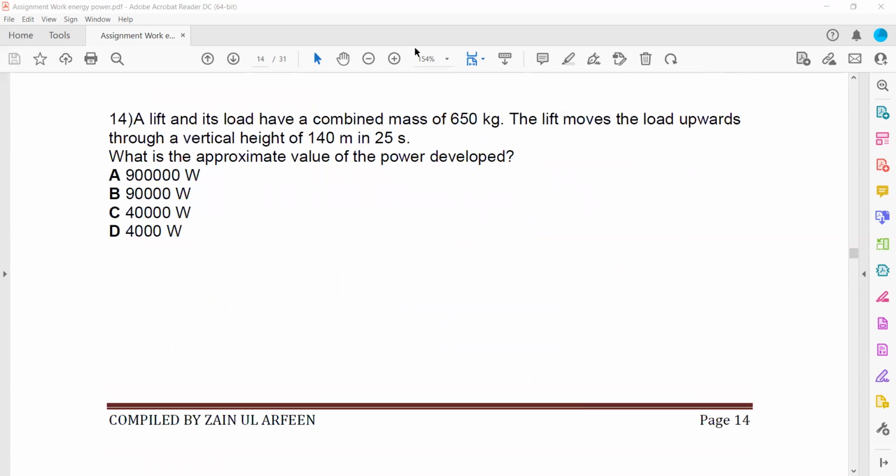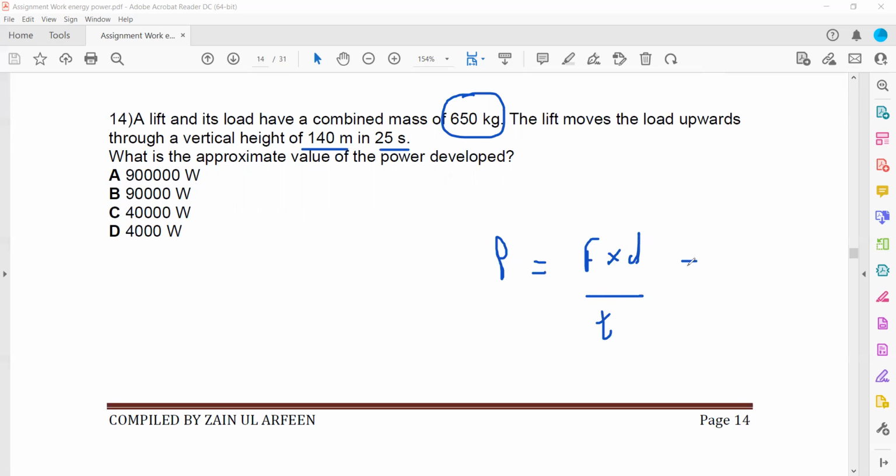In question 14, a lift and its load have a combined mass of 650 kilograms. The lift moved upward through a vertical distance of 114.25. Approximate the power. Power is equal to force times distance divided by time.